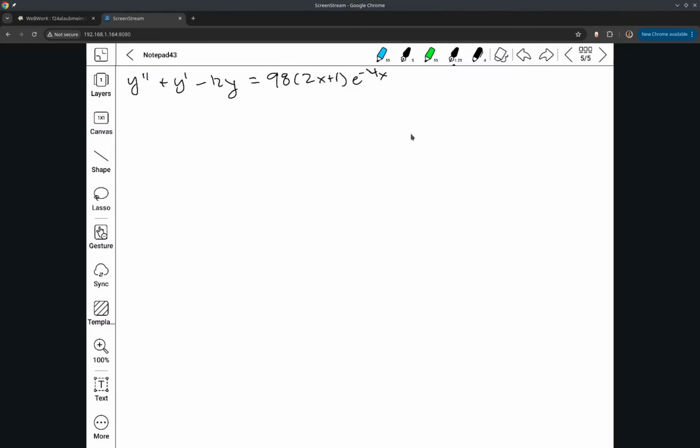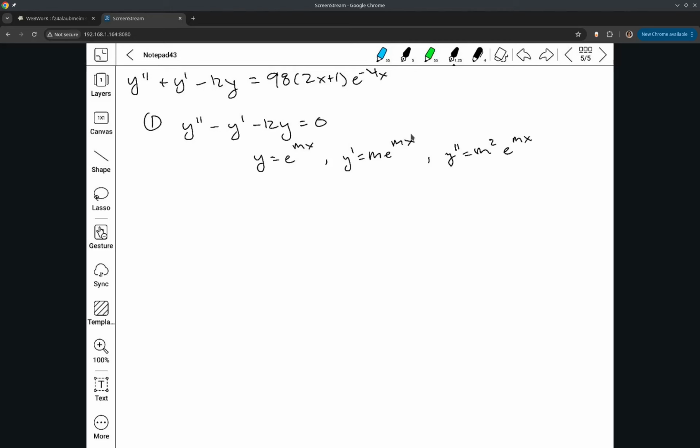All right, so this one looks more complicated, but we're still going to start the exact same way, where we try to solve the homogeneous problem first. Y double prime minus y prime plus 12y equal to 0, where we assume that y is e to mx, y prime is m e to mx, and y double prime is m squared e to mx.